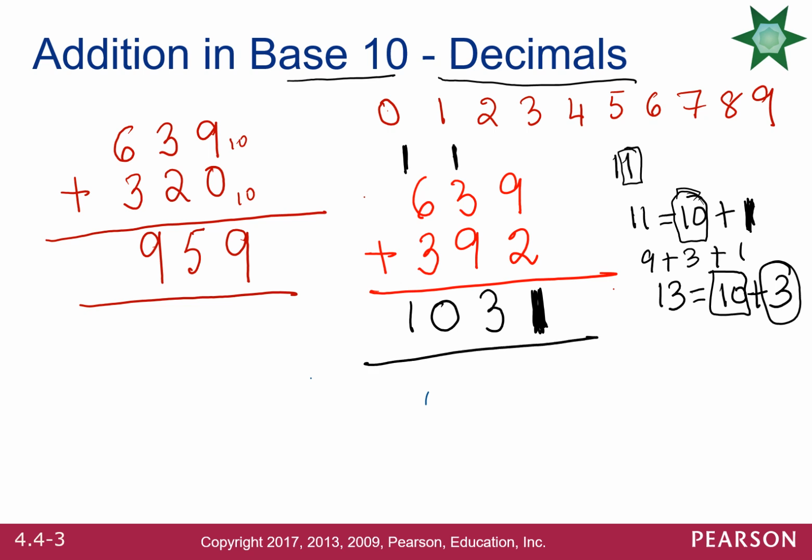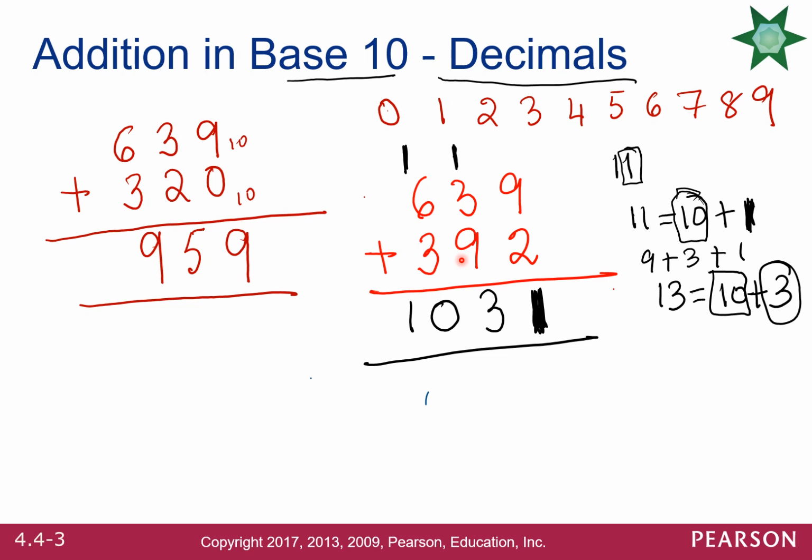All right, so this is the process of addition whenever we go over 9, which is the last numeral in our decimal system. We have to perform the carryover method. We have to carry over a bundle of 10 to the next place on the left.